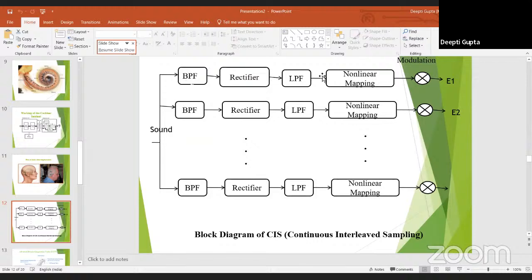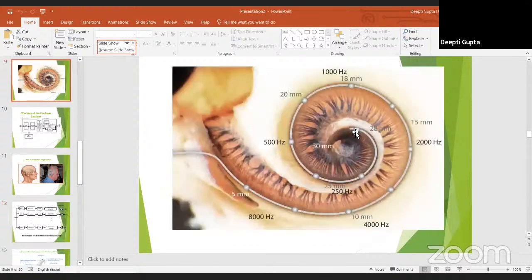After that, what is the digital signal processing doing? First, we are doing band pass filtering. What is this band pass filtering? As I have told you, we are dividing the total frequency range. What is the frequency range of a normal person? From 20 hertz to 20k hertz.